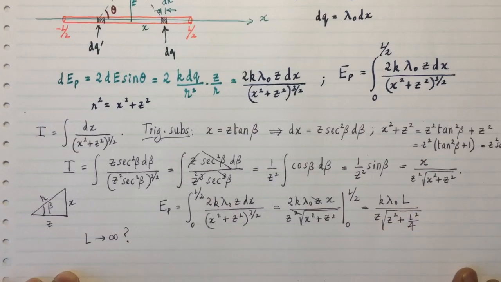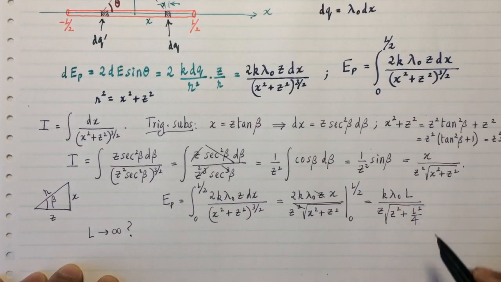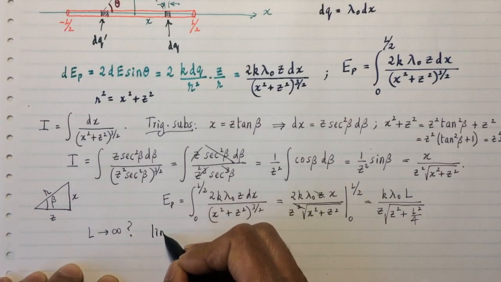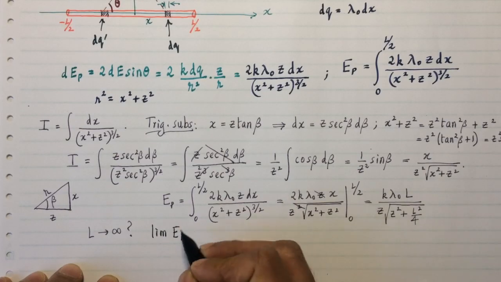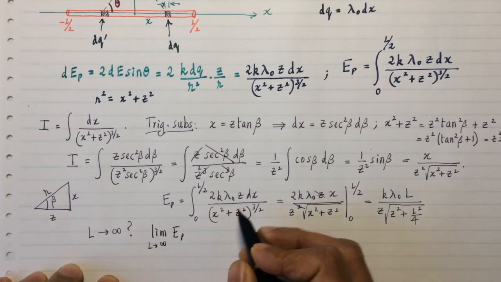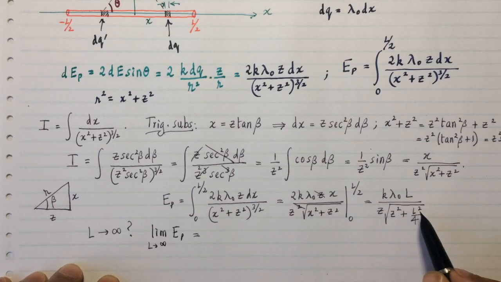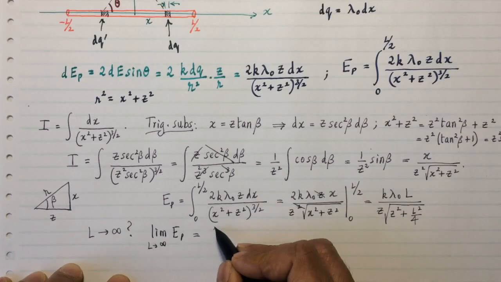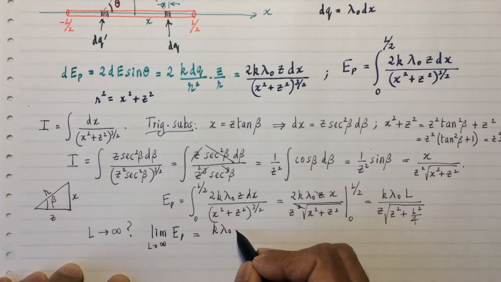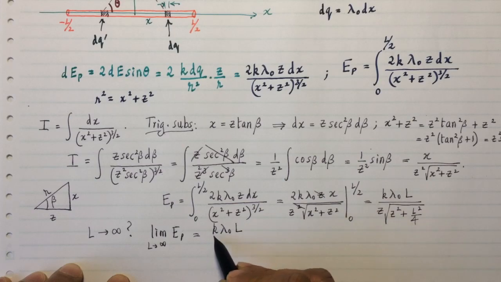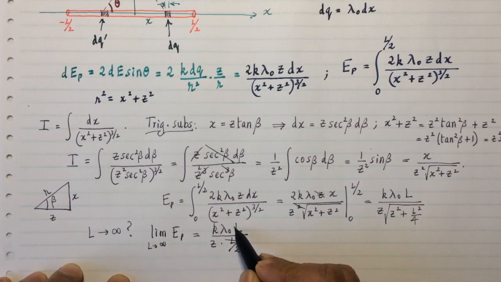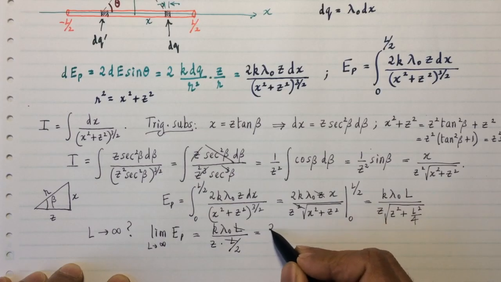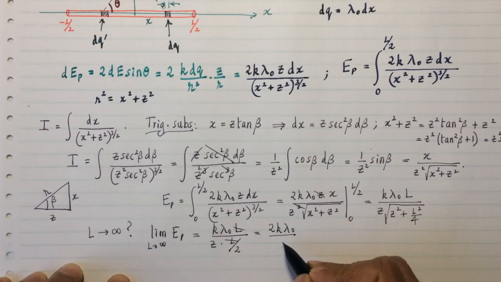So let's take the limit of E_P as L goes to infinity. So here I'm going to get, remember that's going to be neglected, so it's going to be k lambda naught L over z times L over 2. The L's will cancel out, and so I'll get 2k lambda naught over z.